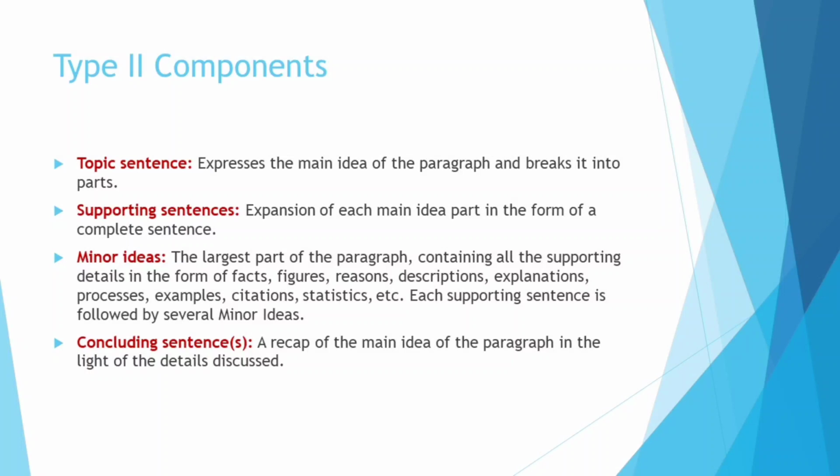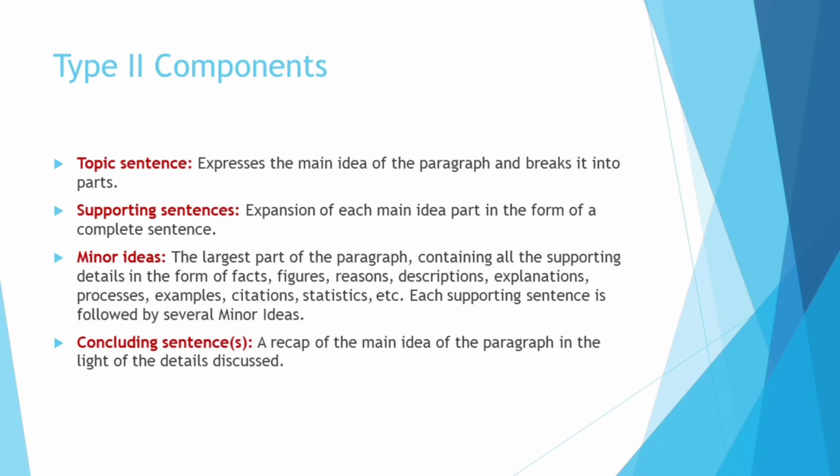Now, in type 2, you start with a topic sentence. Again, in the topic sentence, you introduce the main idea of that paragraph, but this time you break the main idea into different parts, as you did in your thesis statement. This is what you do in your thesis statement, but sometimes it is possible to do it in your topic sentences as well. If this is the case, then you write a short sentence in order to introduce each one of those parts.